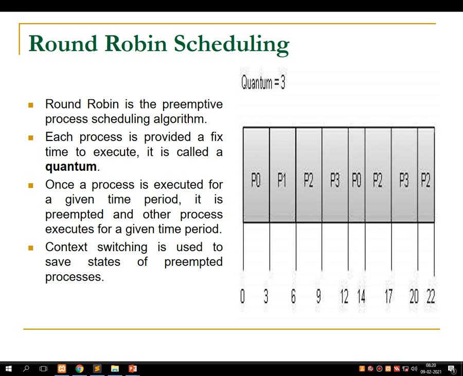As we know, the round robin algorithm is a preemptive type of algorithm which has a fixed execution time interval in which that particular process needs to get executed and terminated by the central processing unit.